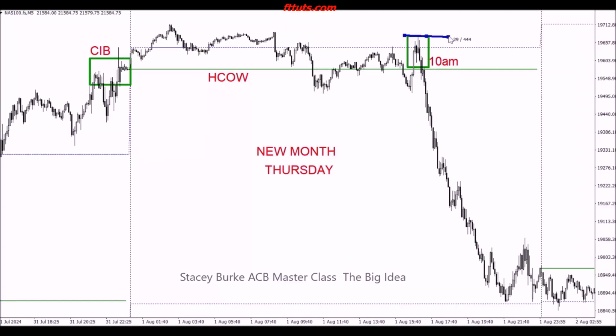Once 10 a.m. prints and starts to break down, getting into the market, and the better you get at this, recognizing where you can continue to scale in, or putting your stop at the extreme, just putting a position in the market, putting a stop in place. Once that market breaks the level, walking away and letting the trade play out.